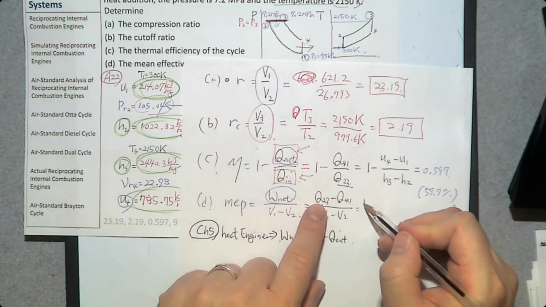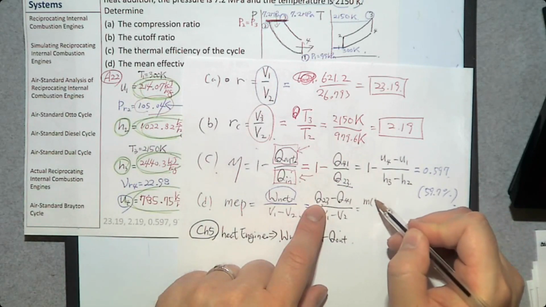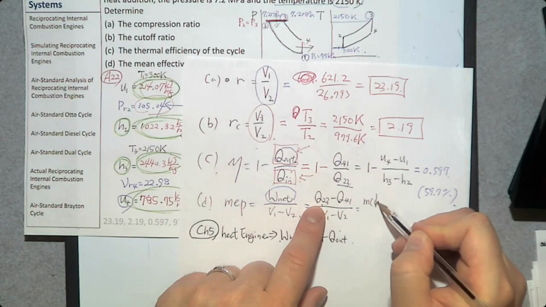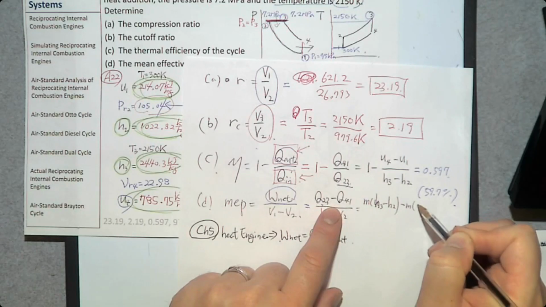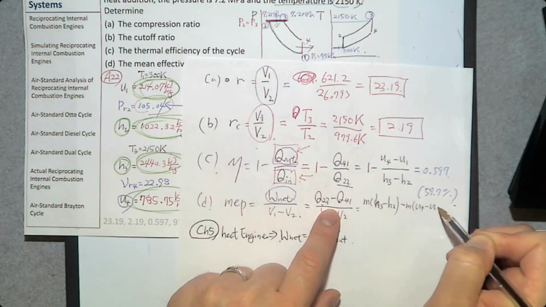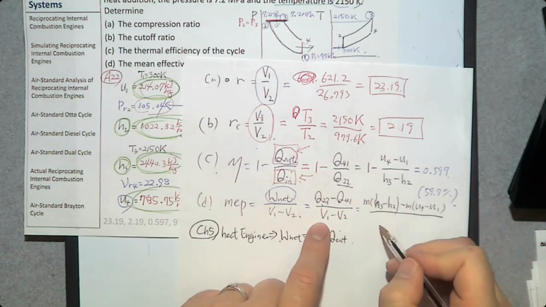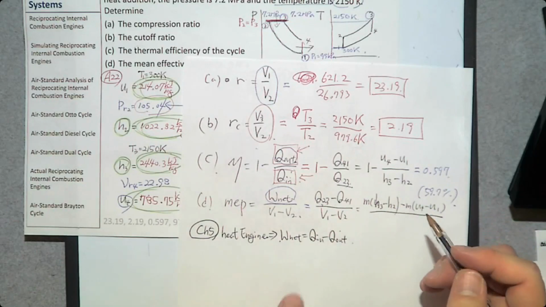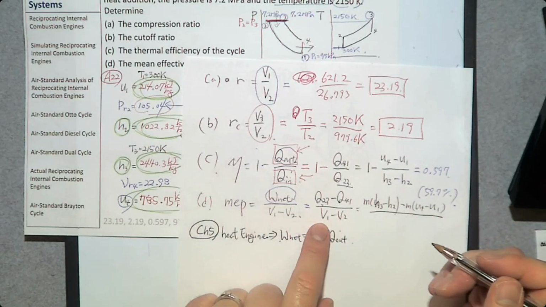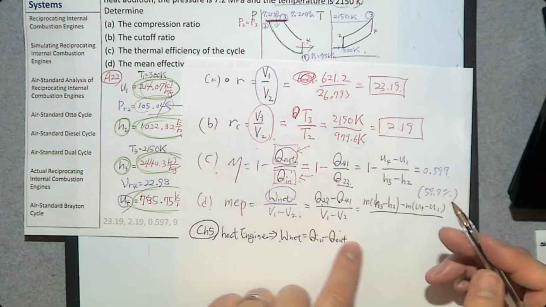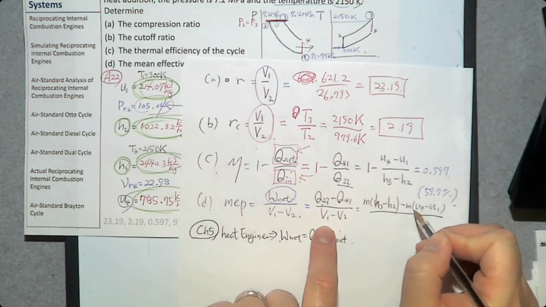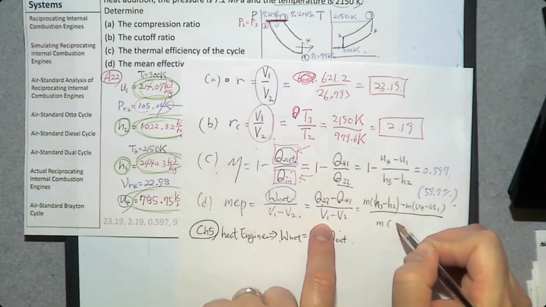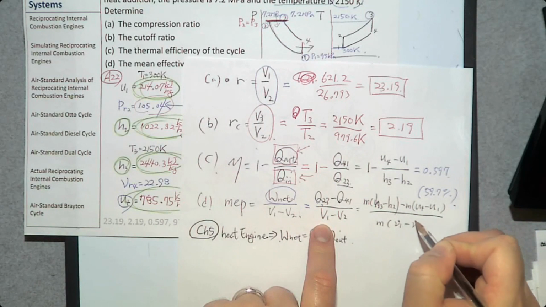It's going to be mass times H3 minus H2, minus mass times U4 minus U1, divided by mass times V1 minus V2.